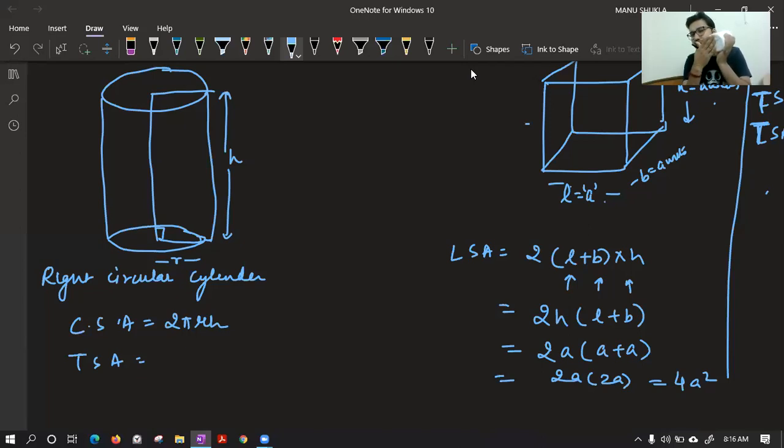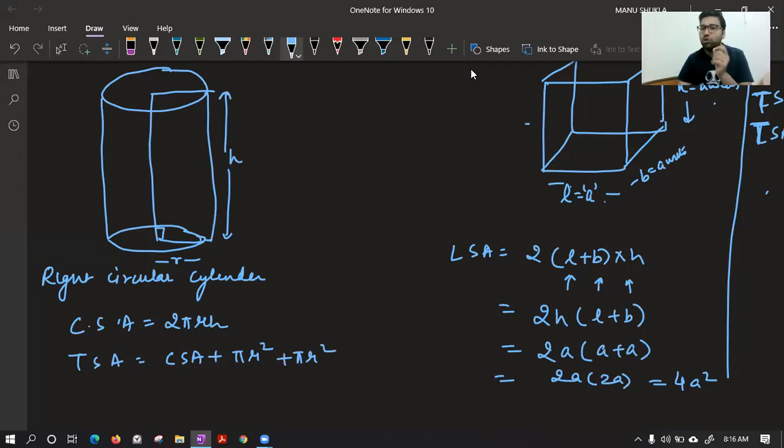We will see the area of this circle as well as the area of this circle, because while we are painting this cylinder, it is getting painted completely. So we have TSA is equal to CSA plus pi r square of the top one plus pi r square.